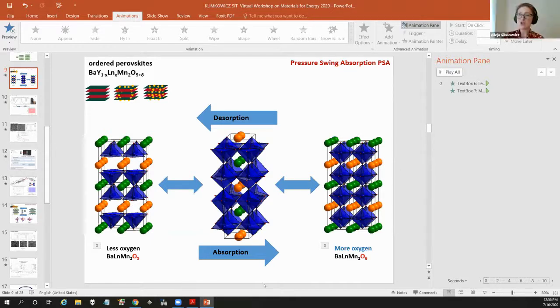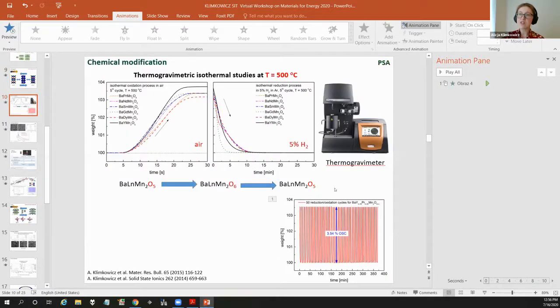So I didn't show the in situ studies here, but we did them, and they beautifully show the transformation. So whichever way we go, we go through the same structural change. But the difference in speed, at the moment I cannot answer this question, so I will for sure take a look at that.